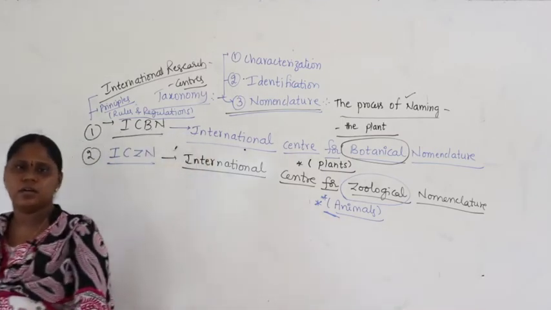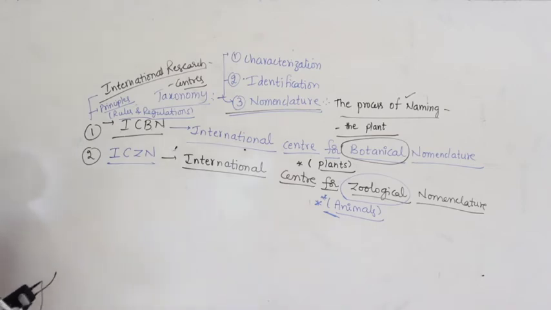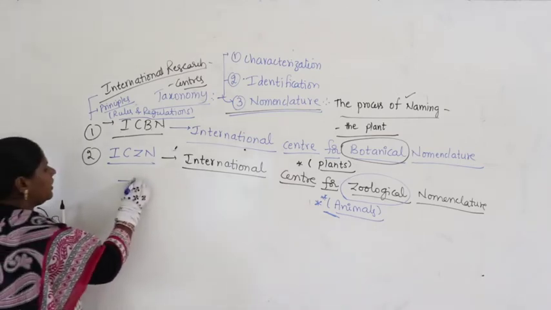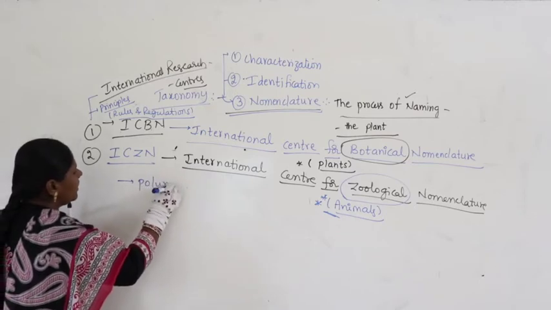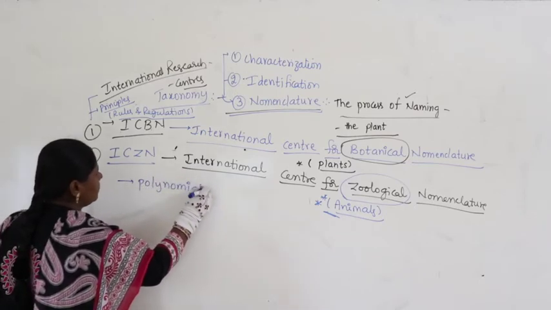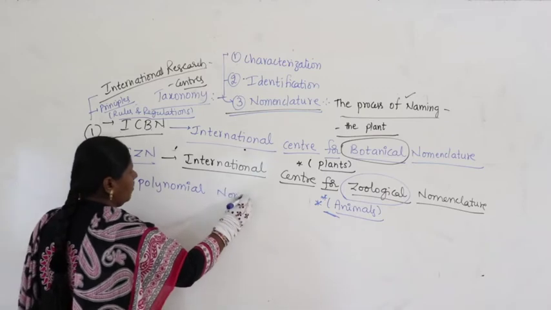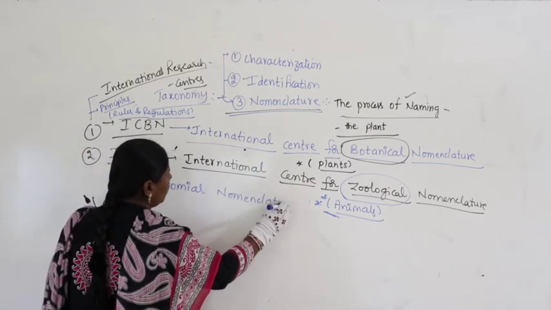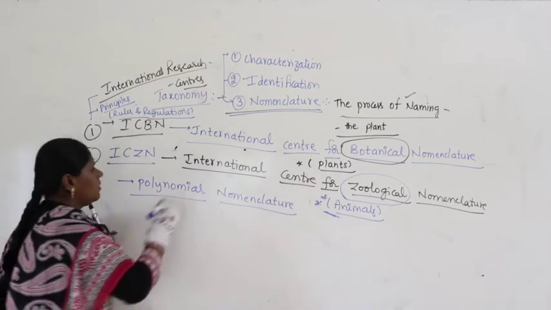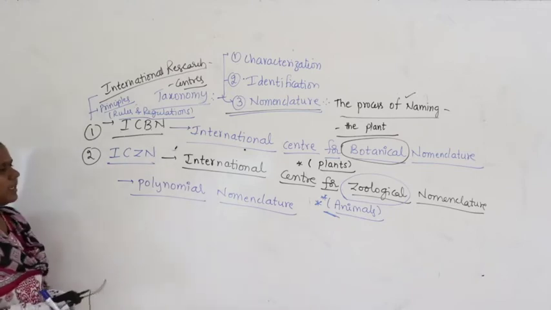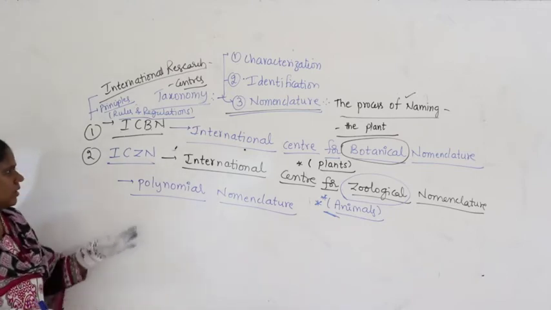Now, earlier there were so many systems for giving names to plants. One is polynomial nomenclature. What is polynomial nomenclature here?